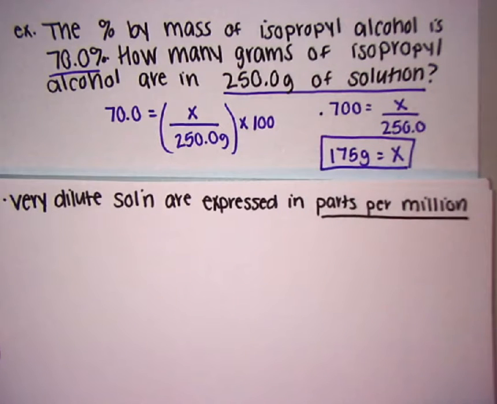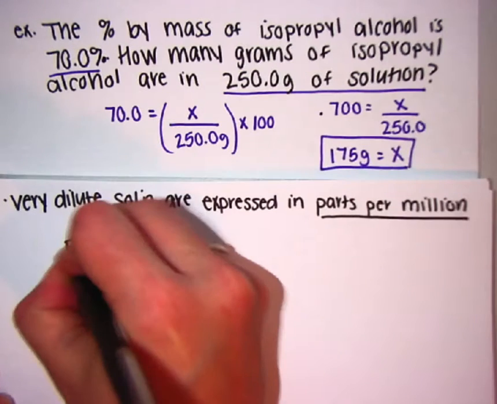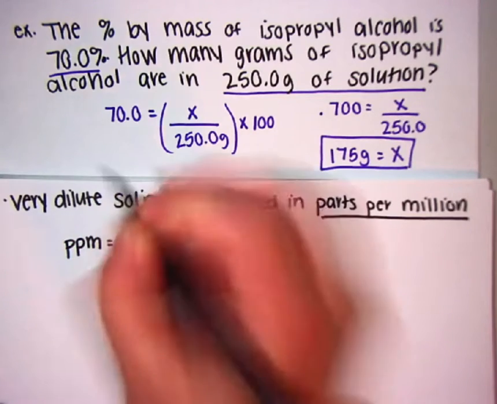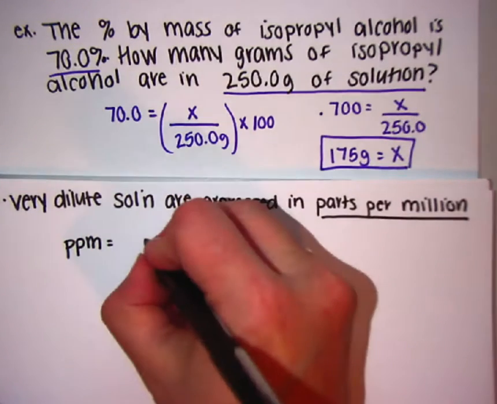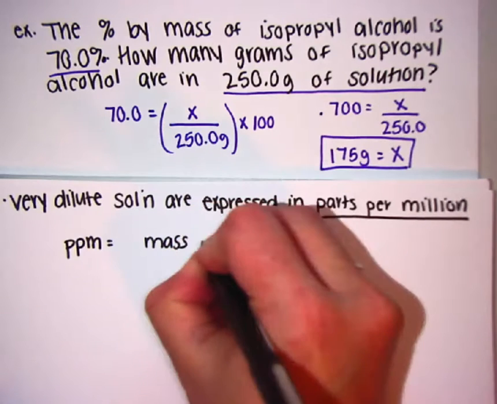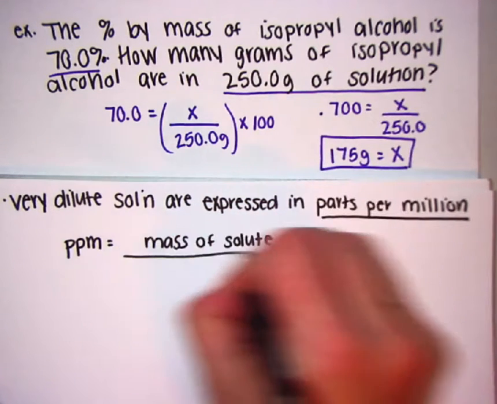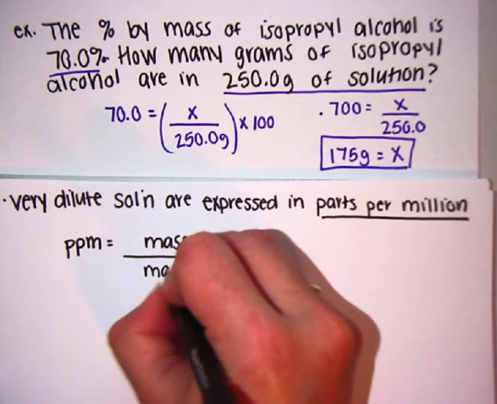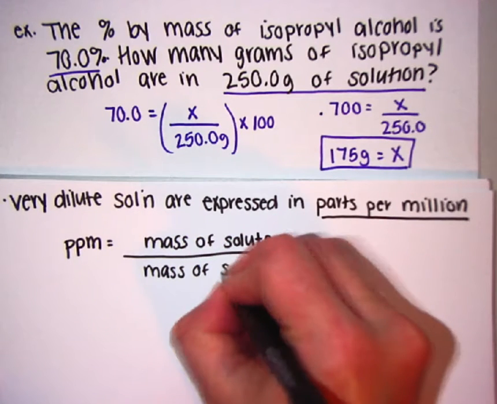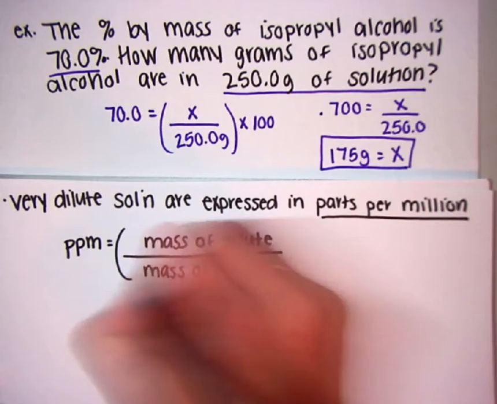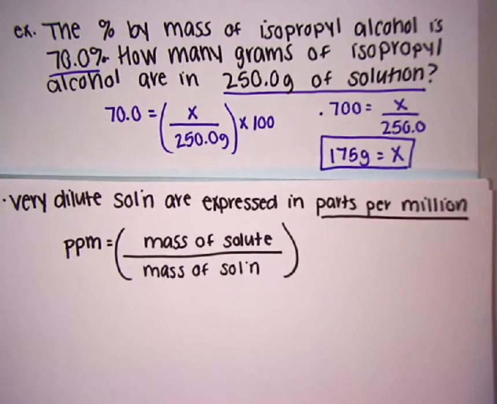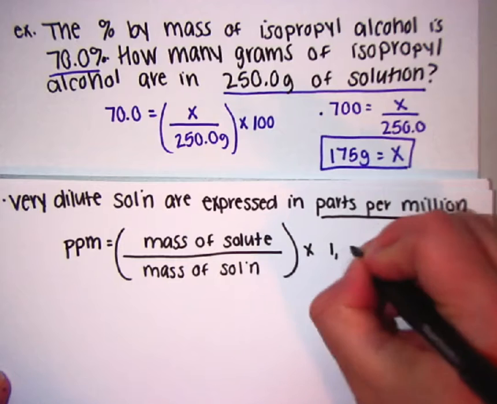If you had something that's very, very dilute, it's going to have a very, very small percent. So rather than representing it in mass percent, we're going to represent it in what's called parts per million, or ppm. It is essentially the same equation. We're still going to take the mass of the solute. We are still going to divide by the mass of the solution, but instead of multiplying it by 100, we're going to multiply by 1 million.